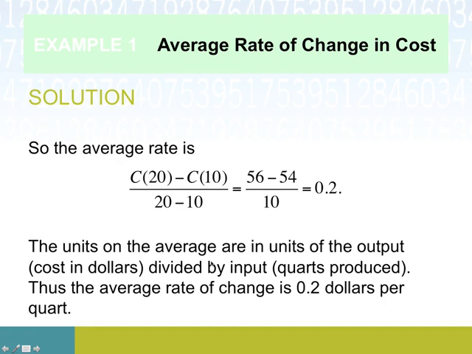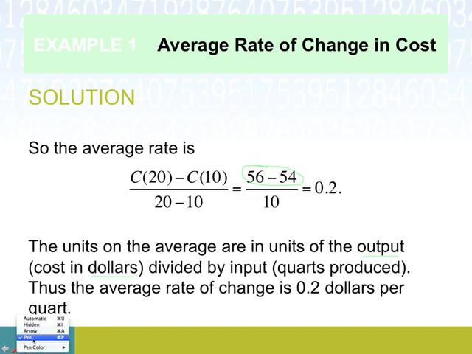And we were explicitly told to give units, so we want to make sure we do that. Here we've got, just in general, units on this kind of average are units of the output, just stuff on top. These are units of our output, and that's a cost, so dollars would be our initial unit.